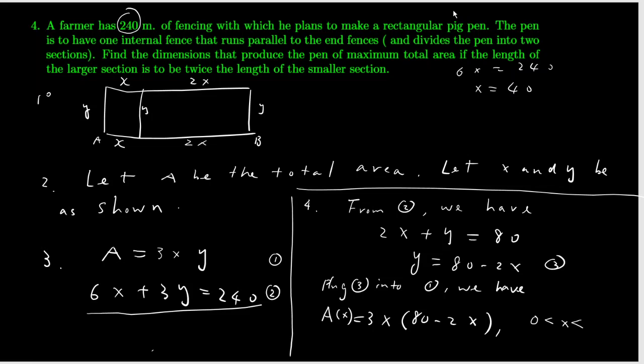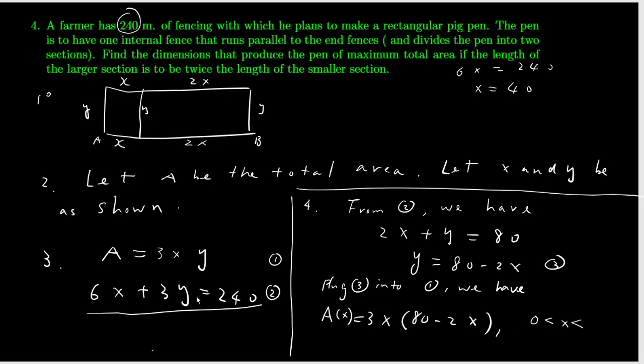Again, I want to repeat. The smallest possible value of y will give you the largest possible value of x. When determining the domain of the function, we're trying to determine the largest possible value of x and the smallest possible value of x. The smallest possible value of x is simple to identify, 0.